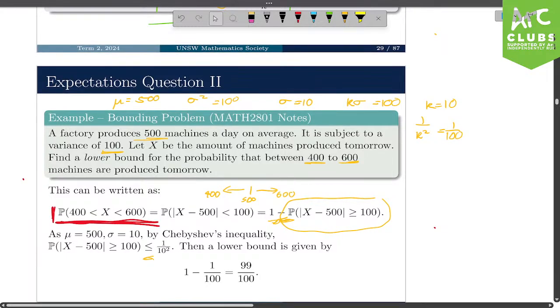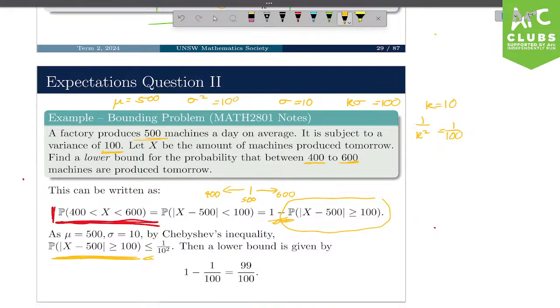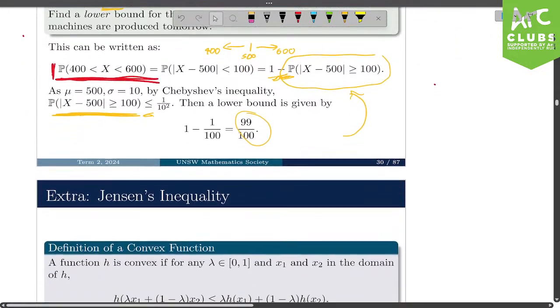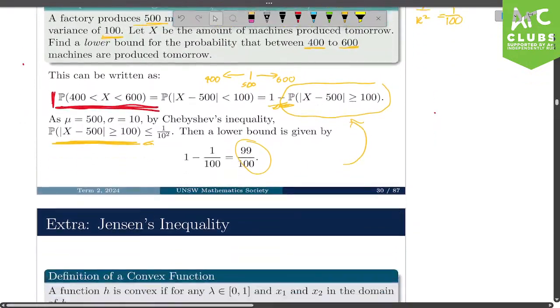So this value is always less than or equal to 1 on 100. And so we just substitute that in, and we find a lower bound given by 99 on 100. I went through that a little bit quickly, but hopefully it's not too bad.